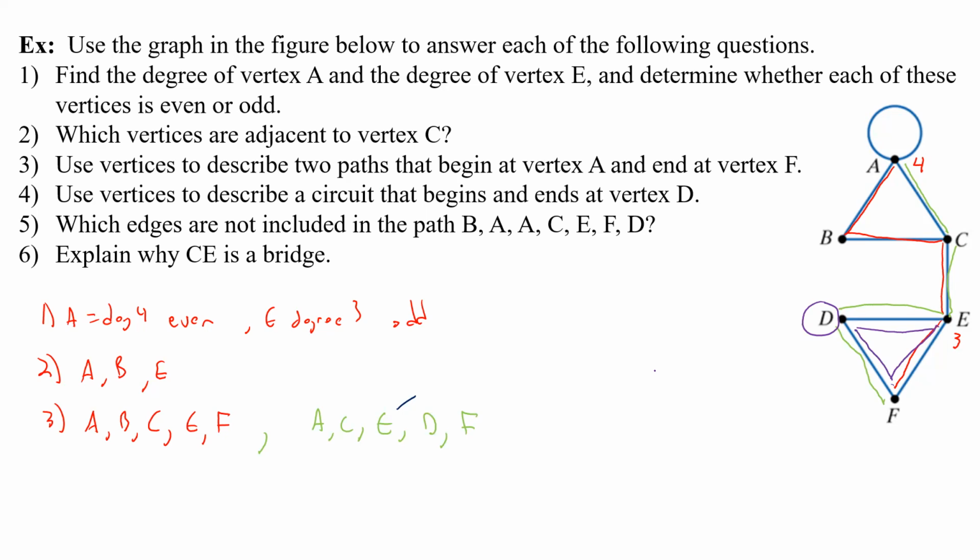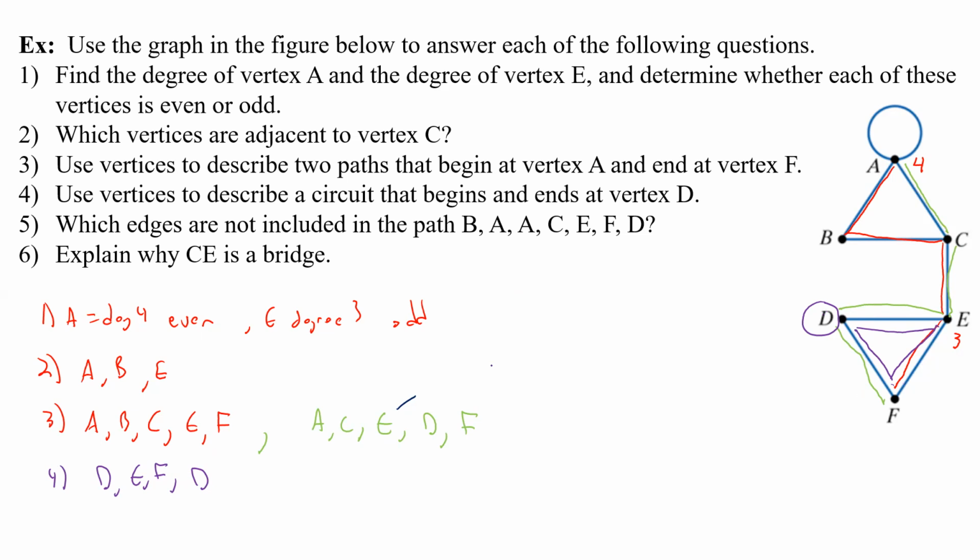So for 4, we could go from D to E to F and back to D. Or we could go D, F, E, D. We could go back the other direction. But in either case, that's all we can do, because if we go any further up to the top, we're going to start crossing over, and we don't want to do that.